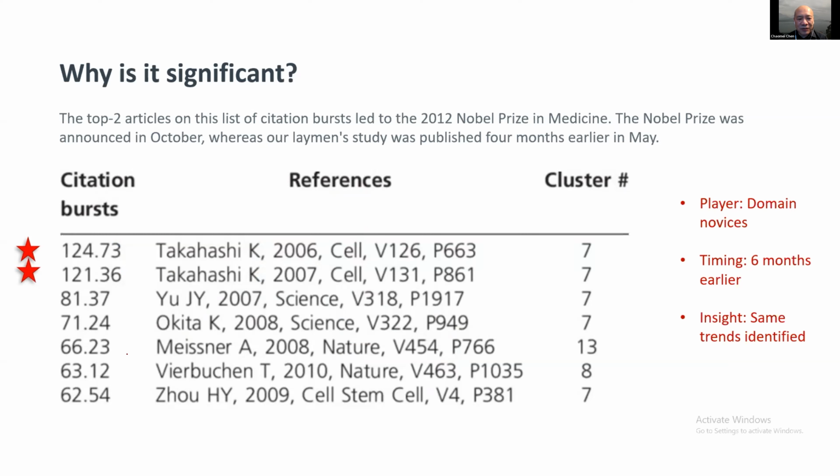So in this table, we use a measure, citation burst. Many of you are already familiar with this. We published this in May 2012. We were very pleased that in October 2012, when the Nobel Prize was announced, these two papers were actually responsible for that Nobel Prize discovery.